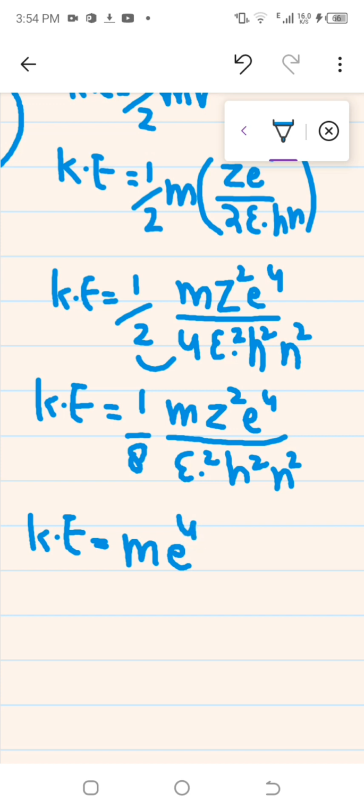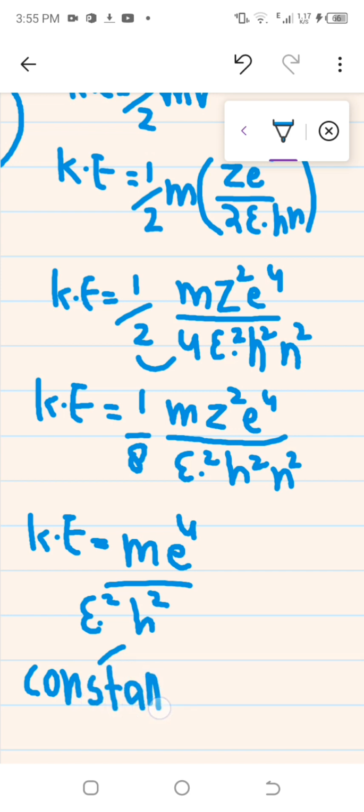Here we are going to separate the constants and variables on one side. The ones I'm separating are constants, as we know the mass value and the charge value. The variables are Z square, because Z is the atomic number, and n square. So this is how we have separated.